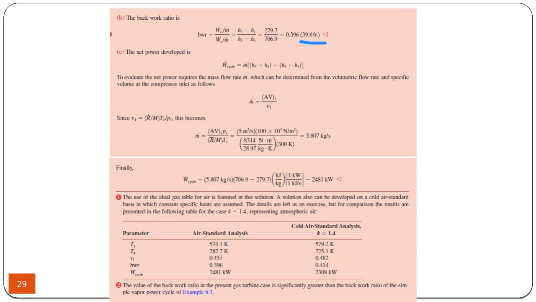The cycle work is m dot. This is actually cycle power. m dot times the net work.